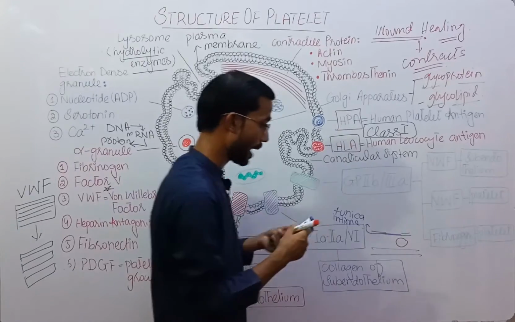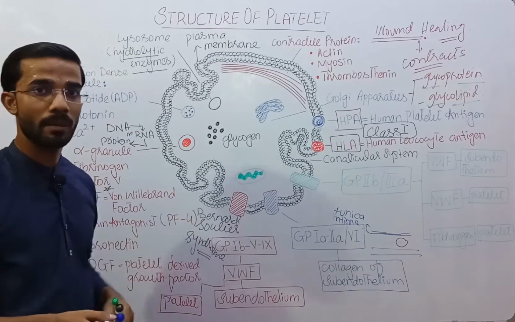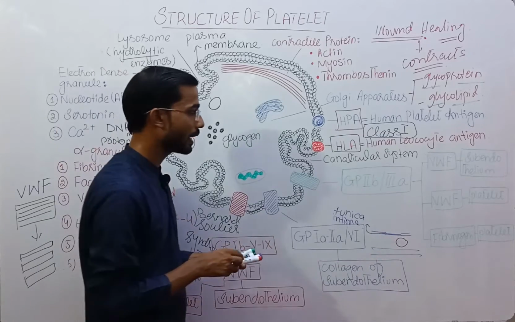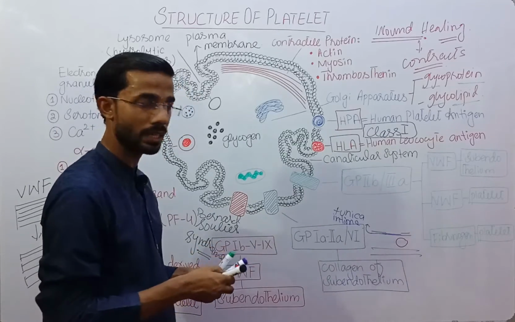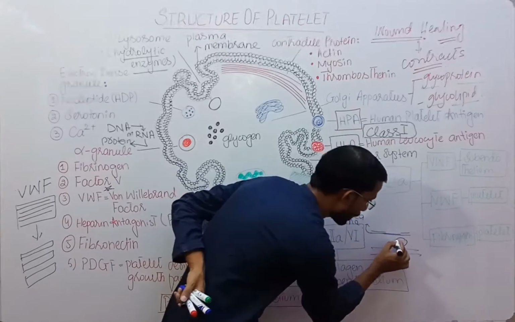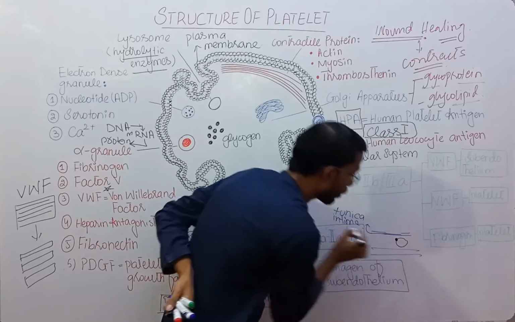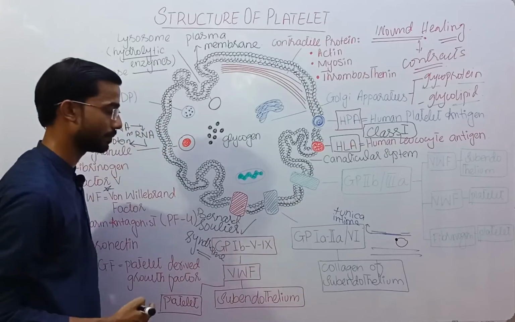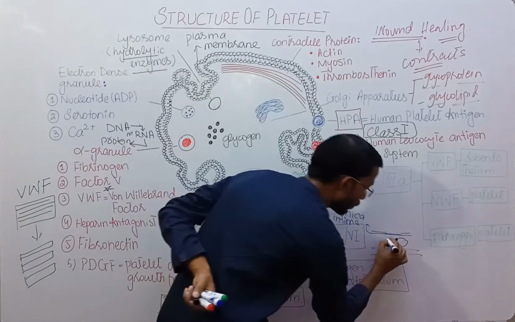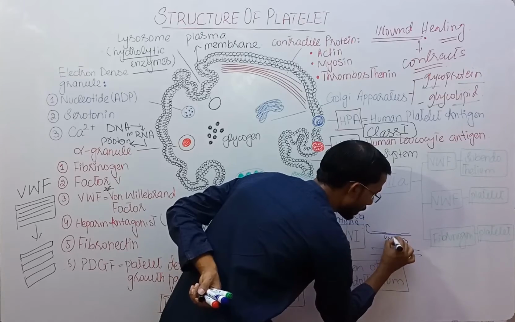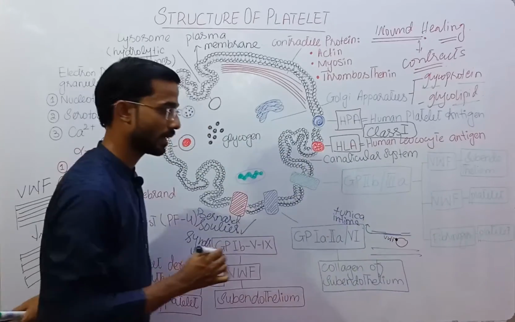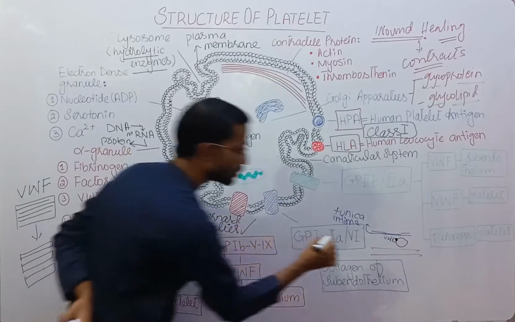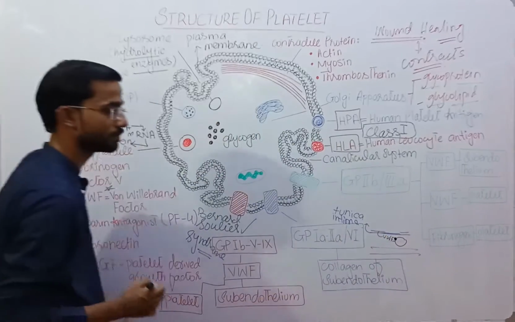And then, as you know, the platelet membrane contains different types of glycoprotein. Let's suppose this is a glycoprotein, glycoprotein I, B, and 9. This attaches to the von Willebrand factor, and then the von Willebrand factor attaches to the endothelium.